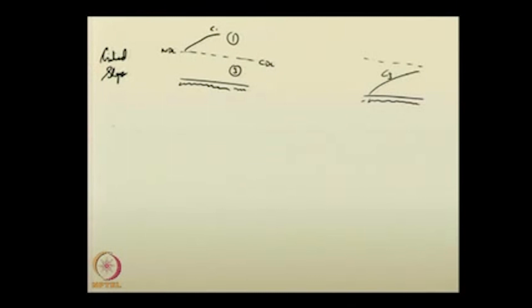Okay. For the adverse slope channels, definitely A1 is not possible, as we have mentioned earlier. So, I can just omit that portion. In the zone 2, for the adverse slope channels, the critical depth line is like this.